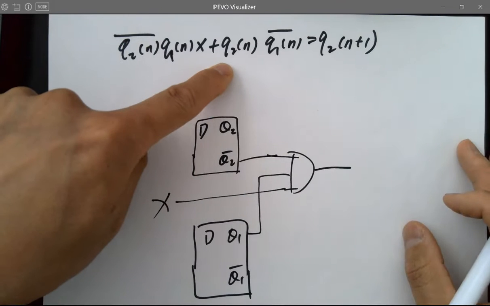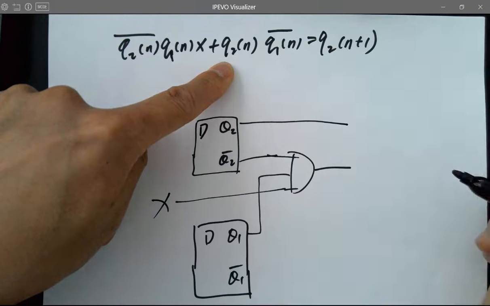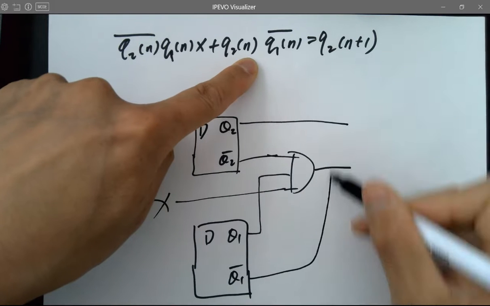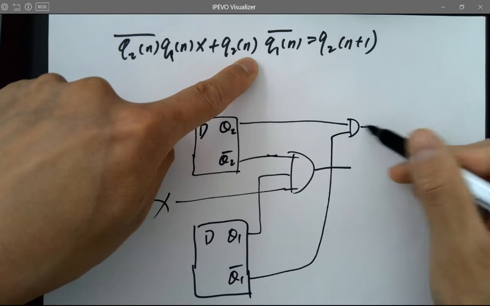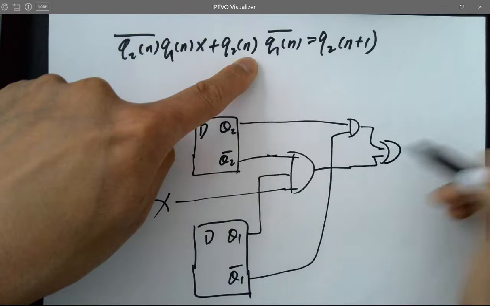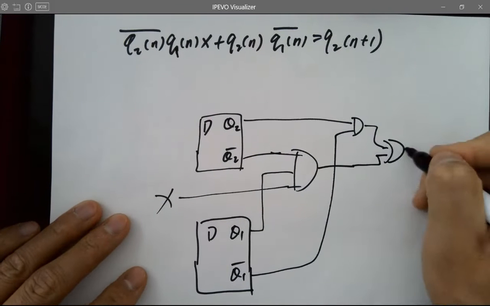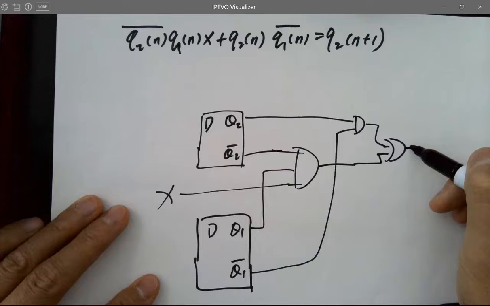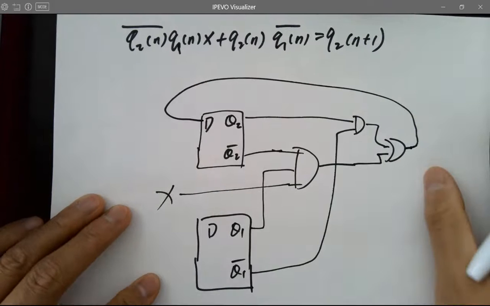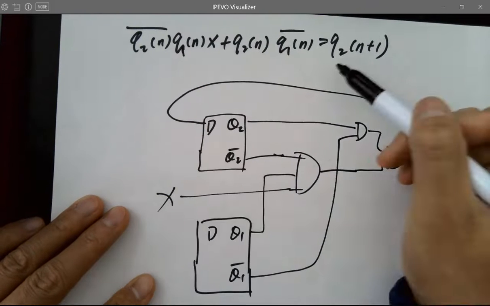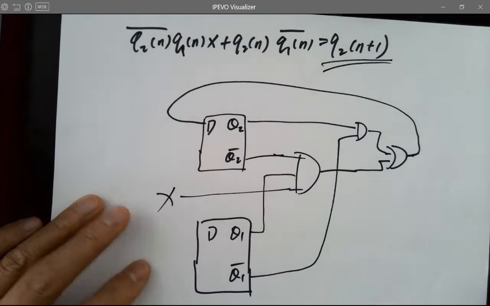And AND logic, Q2, Q1 not, AND logic, and OR, and the output of the OR gate should be sent to the D, because that's the next state of Q2.